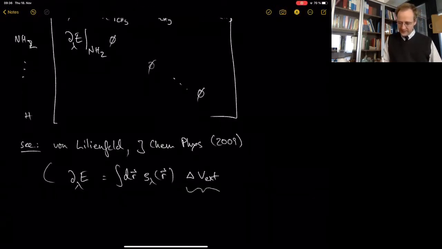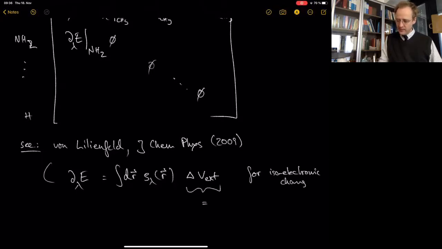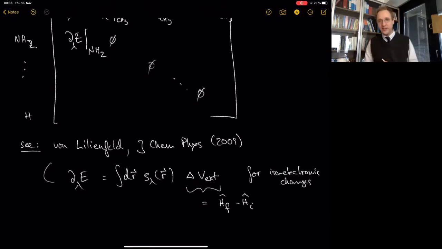So strictly speaking, this is for isoelectronic changes, for the same number of electrons and for the same electronic state. And this is then the difference in the final and the initial, right?